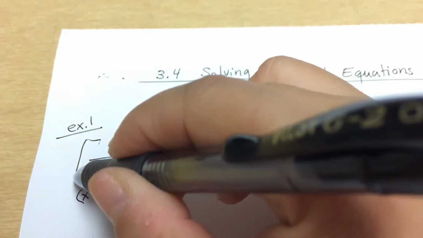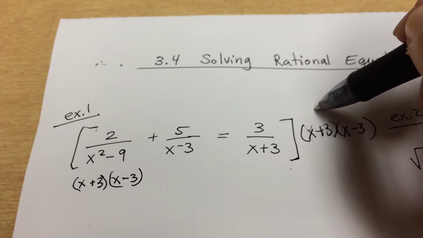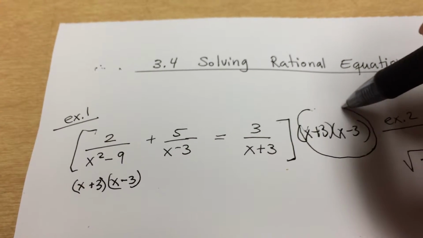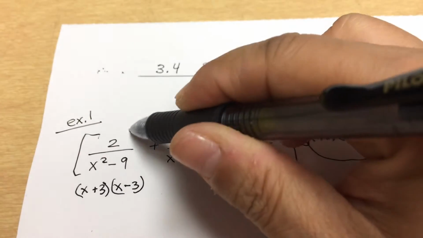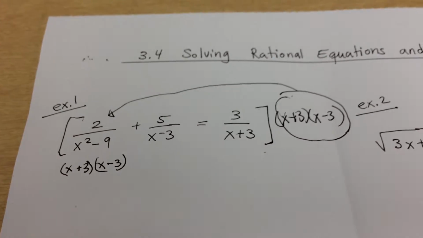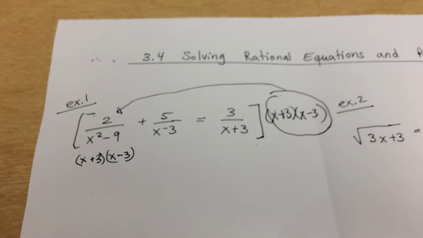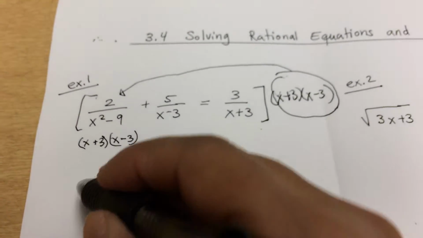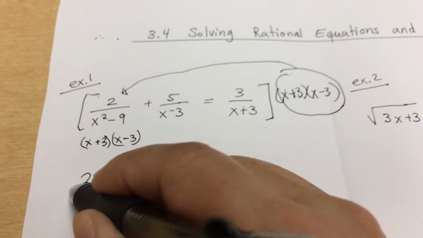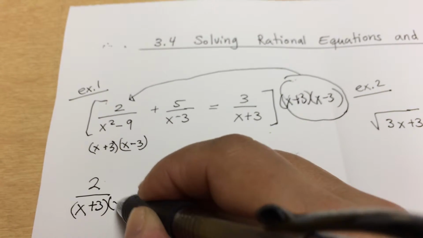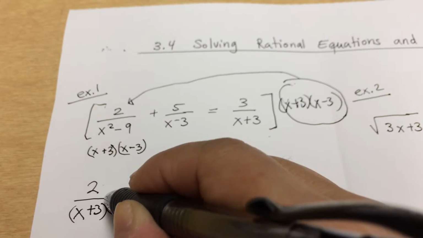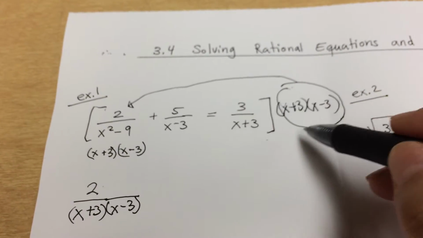What we're going to do is take all of this and distribute that to each part of the fraction. So I'm going to distribute it to this first part of the fraction. Now I'm going to write this out and show the work so you can see. We have 2 over x plus 3 on this fraction, and I'm multiplying it by x minus 3 and all of this part right here.